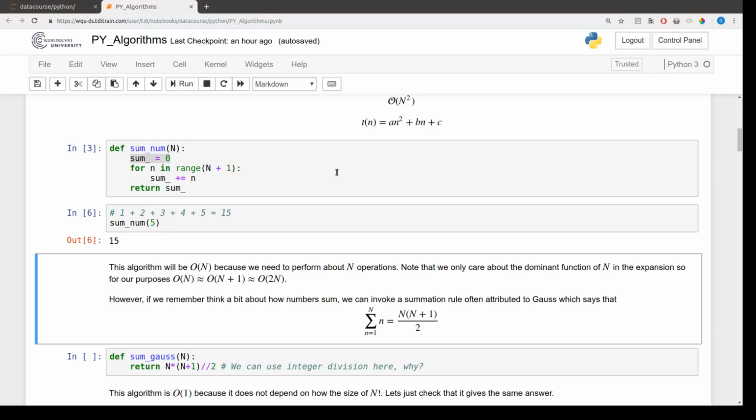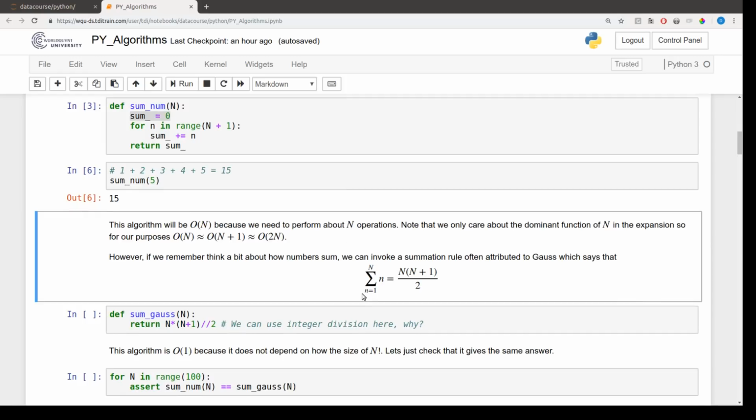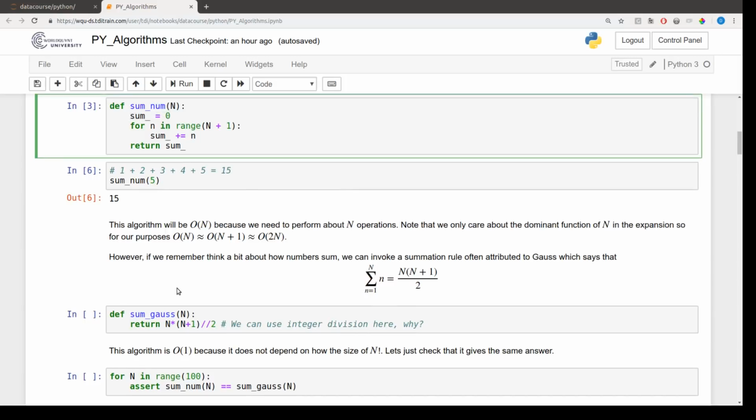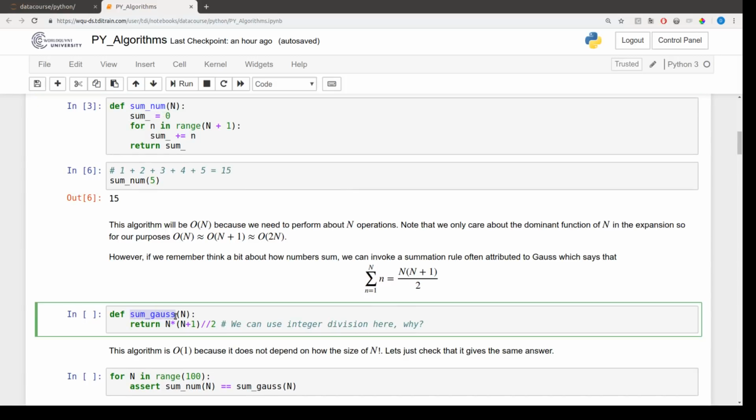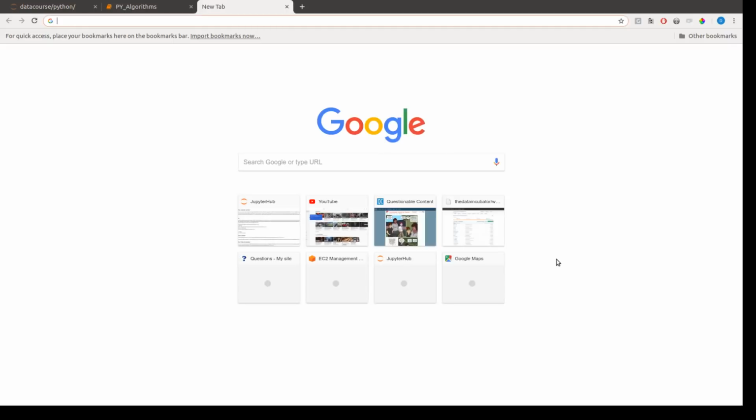It's a programming class, or at the moment anyway. It's a data science class. So there's this formula. And we could use this formula to write a function that calculates the sum just as before. And we'll do that. So we'll call this sumGauss because this formula is often attributed to the mathematician Friedrich Gauss.